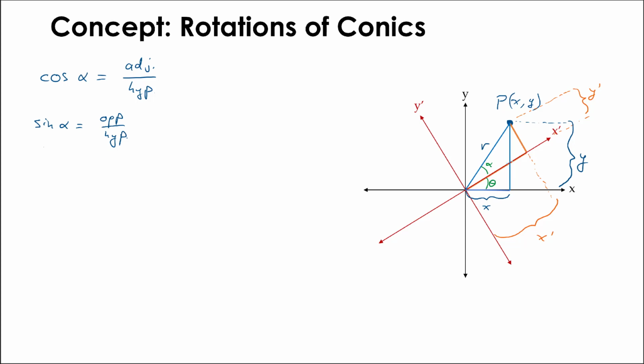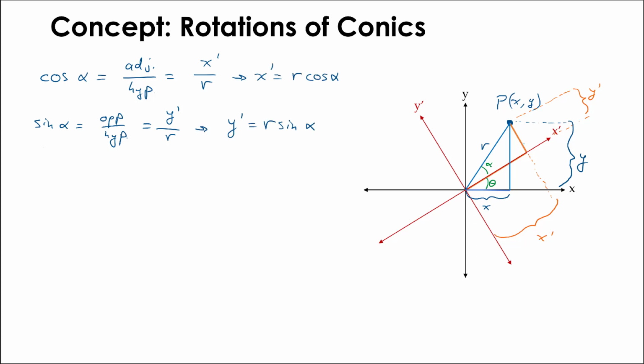If this is our orange and blue triangle, then adjacent to alpha is this leg right here, which is x prime, over the radius. For sine, the opposite is this leg right here, which is y prime, over our radius.